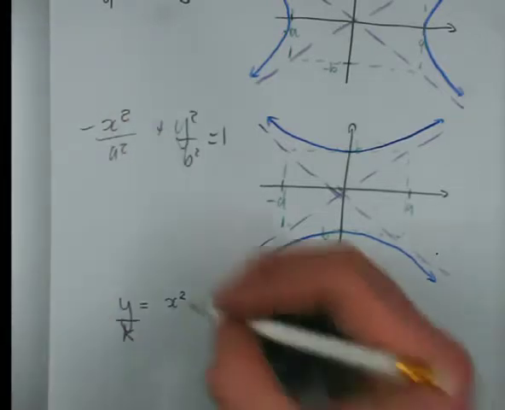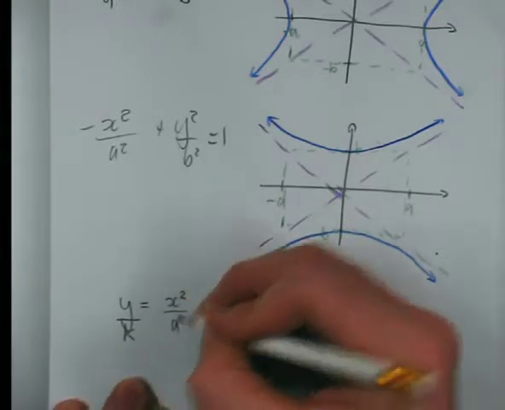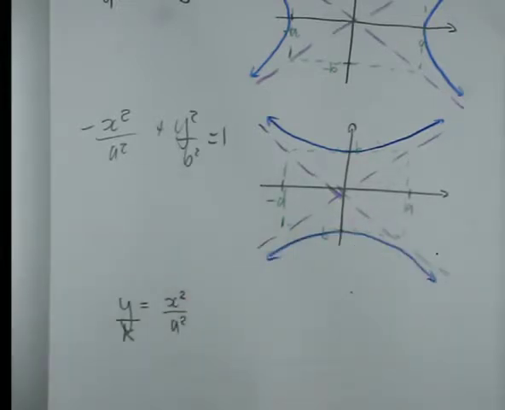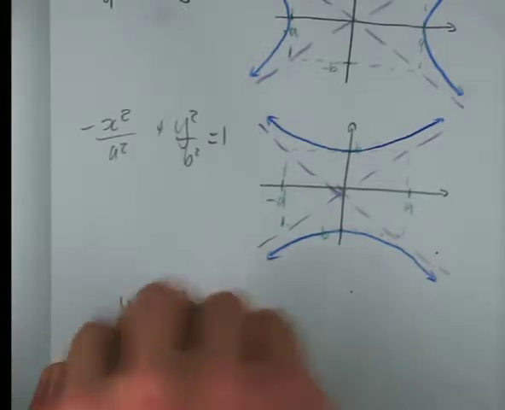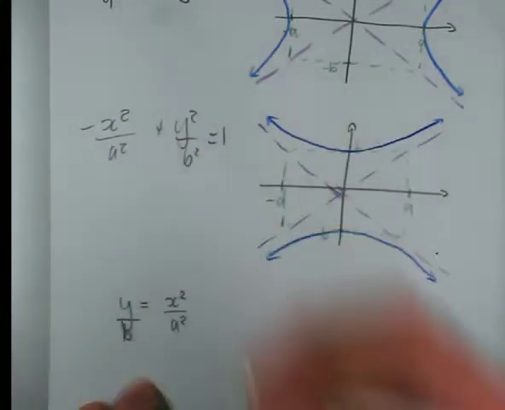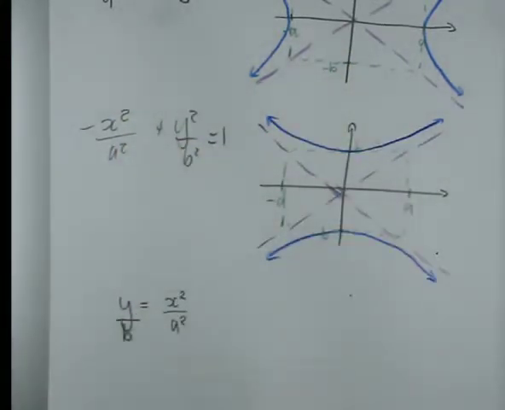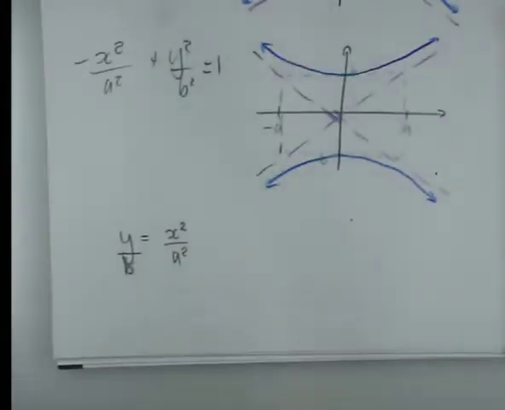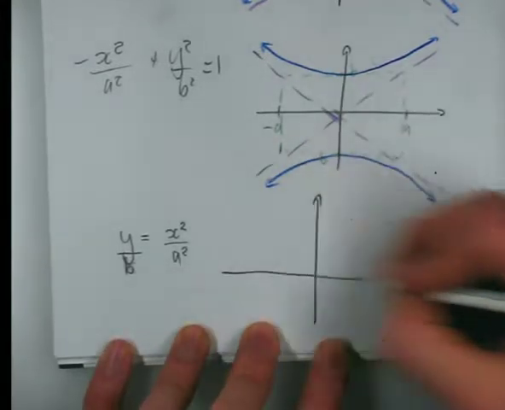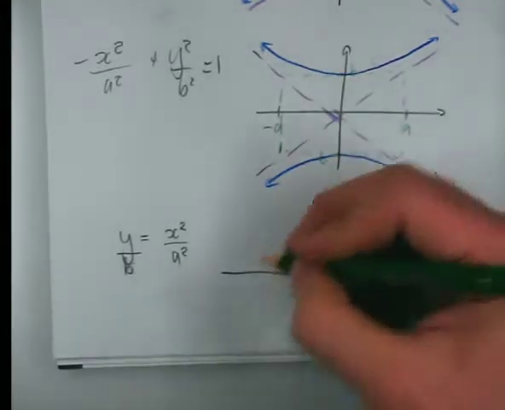It will work just as well if there's an a squared here too. You can make it look like whatever you want, and that will work fine. So I'm the sort of person who will write a parabola like this: y on b equals x squared on a squared. That's a parabola. And you can use the same b and a, just the denominators of where the x and the y are, to make your box.